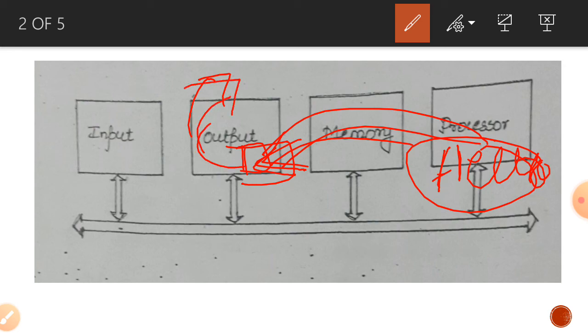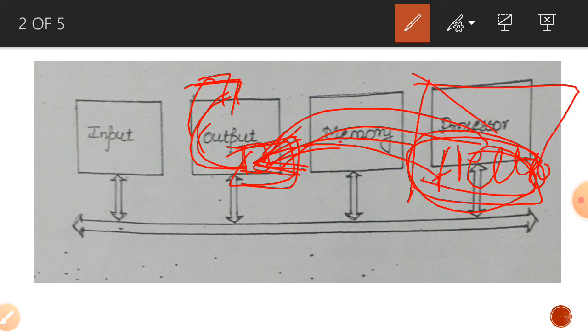So the processor is free to perform other tasks.